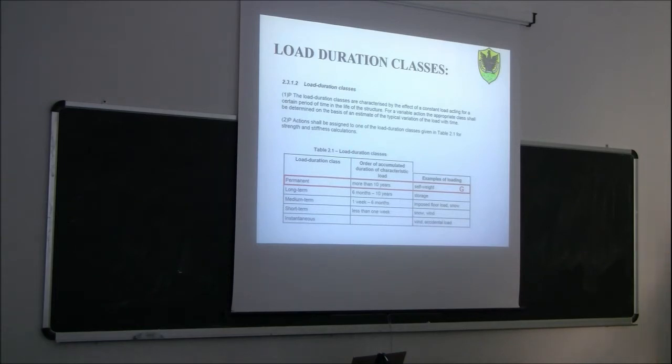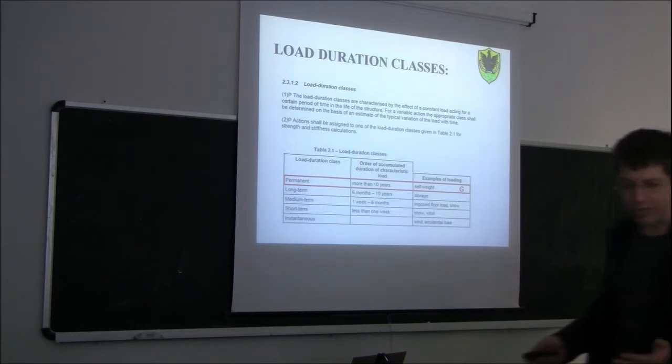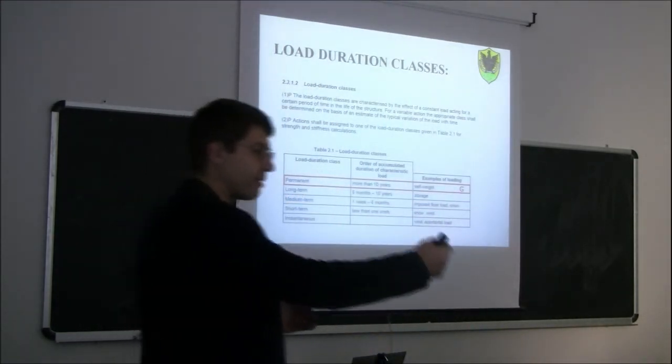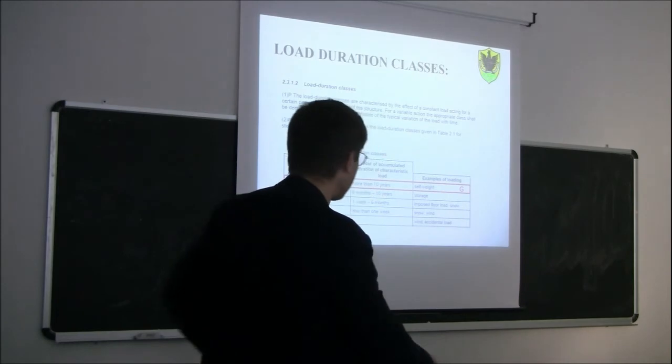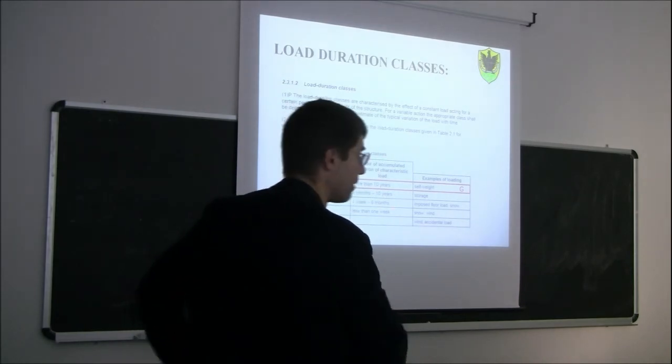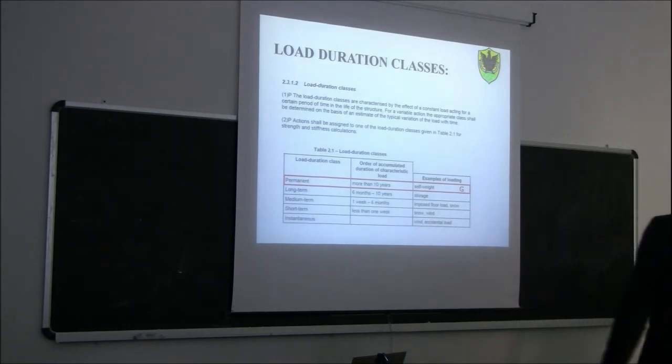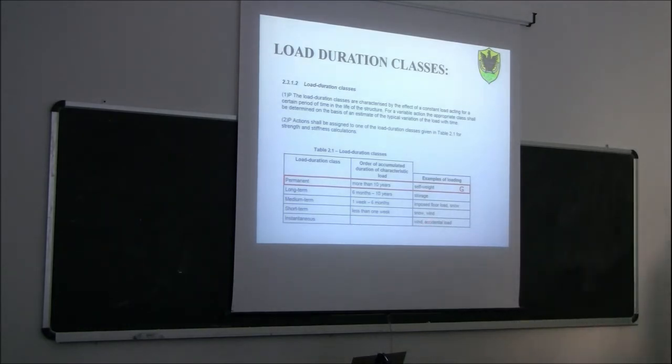Of course, this depends on the local conditions, but usually we say that above 1,000 meters, at least in our country, in Italy, we consider snow as medium term, and below 1,000 meters above sea level, we consider snow as short term. In this case, we have assumed that we are below 1,000 meters, so the snow is short term. So we have one load which is permanent and another one which is short term in terms of load duration classes.